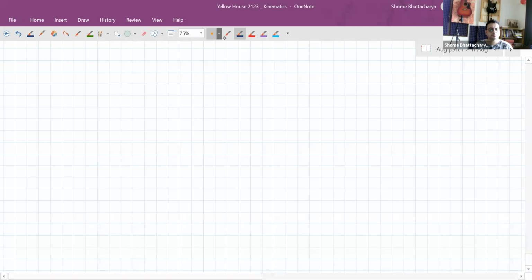Okay, now let's go on to the second case. Vertical projection from the ground level.